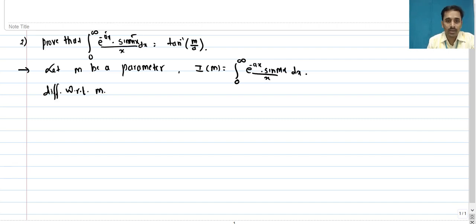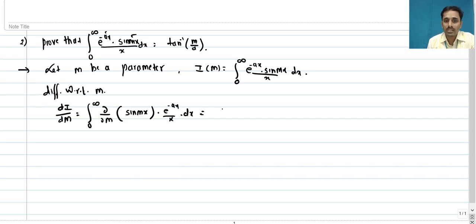With respect to m, we get dI upon dm is equal to the integral from 0 to infinity. The derivative goes under the integral sign as a partial derivative with respect to m for sine mx only, because this is the only term containing m, whereas e raised to minus ax upon x is constant.